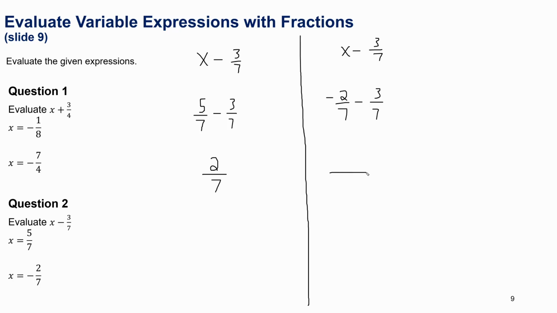So if I go to my number line here, and I'm just paying attention to the numerators, negative 2 is our starting spot, and then we're subtracting 3, which means we're decreasing in value by 3 units. We're going back to the left 3 units. And where I end up is at a negative 5. So rewriting this, I have negative 5 in the numerator, and I have 7 in the denominator.